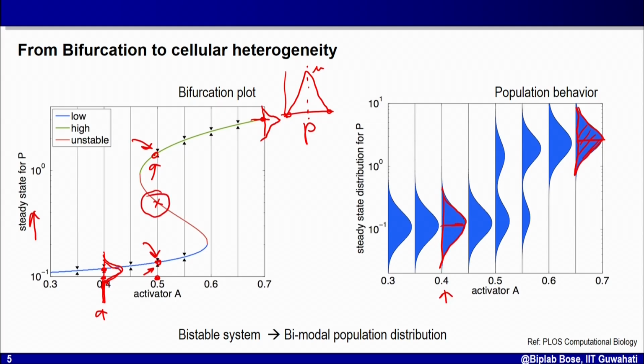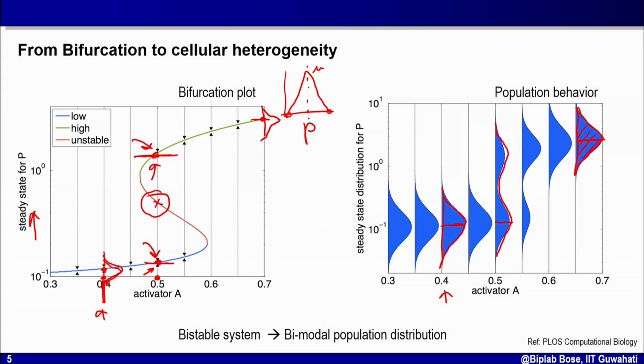So I will have a population whose average value will be this one, the lower stable steady state, and there will be another subpopulation which will have an average value of protein P at this upper stable steady state. So what I will observe, if I measure protein P in each of the cells and then draw a histogram, now I will have a histogram like this with two peaks.